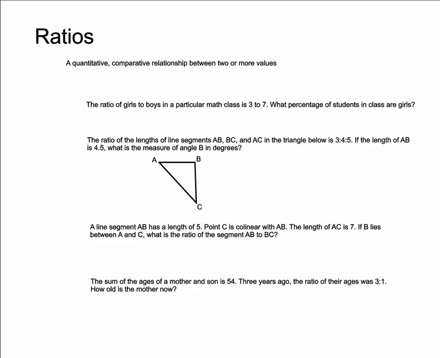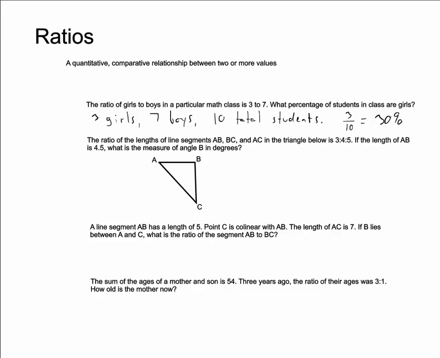That means that if we had a class of 3 girls, then there would be 7 boys, which means there are 10 total students. Now we have to take the 3 girls over the total number of students, so that would be 3 out of 10, or 30%. Okay, on to the next problem.